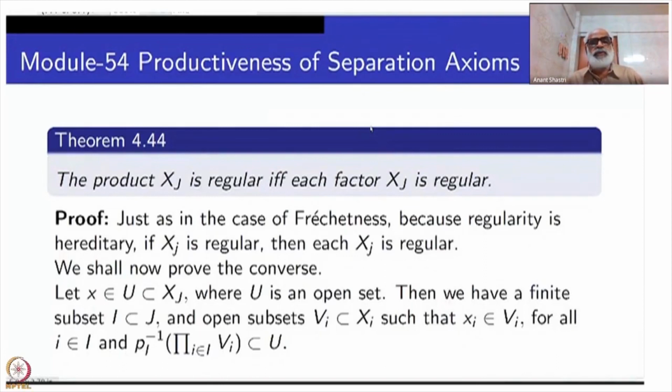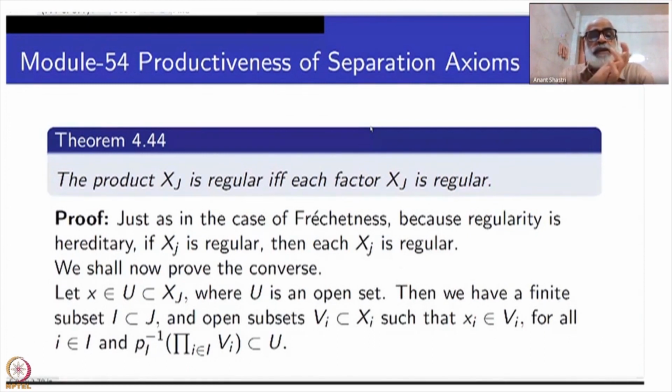Welcome to Module 54. We shall continue the study of separation axioms, this time concentrating on checking whether they are productive.